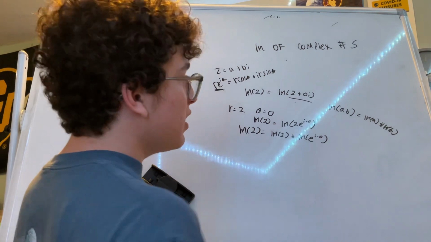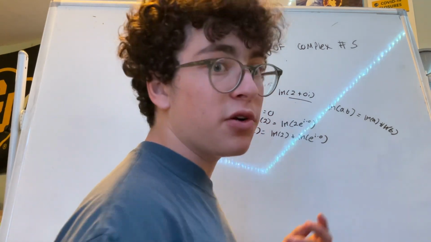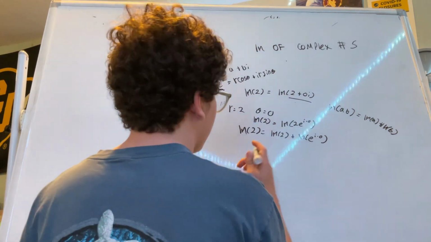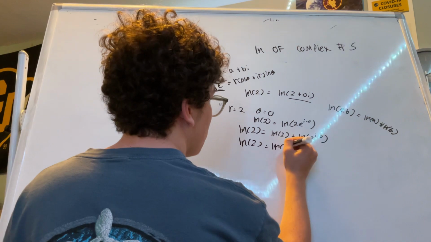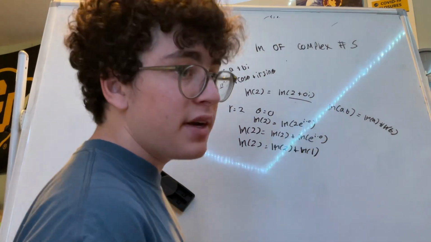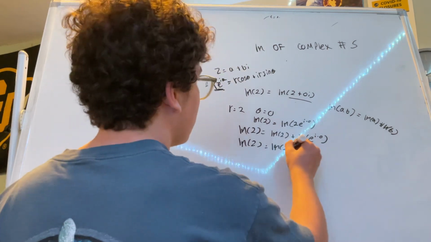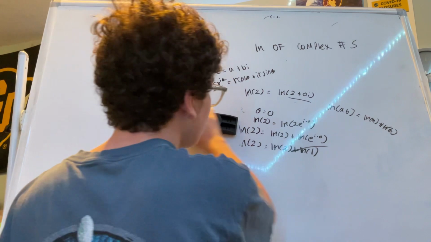Would we all agree that any number to the 0th power is just 1? Therefore, natural log of 2 is equal to ln 2 plus natural log of 1. And we all know that natural log of 1 is 0. Therefore, we have a true statement, natural log of 2 is equal to natural log of 2.